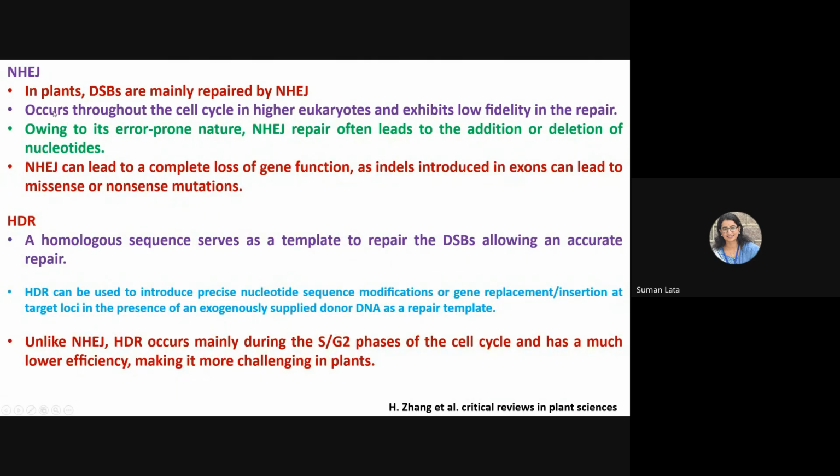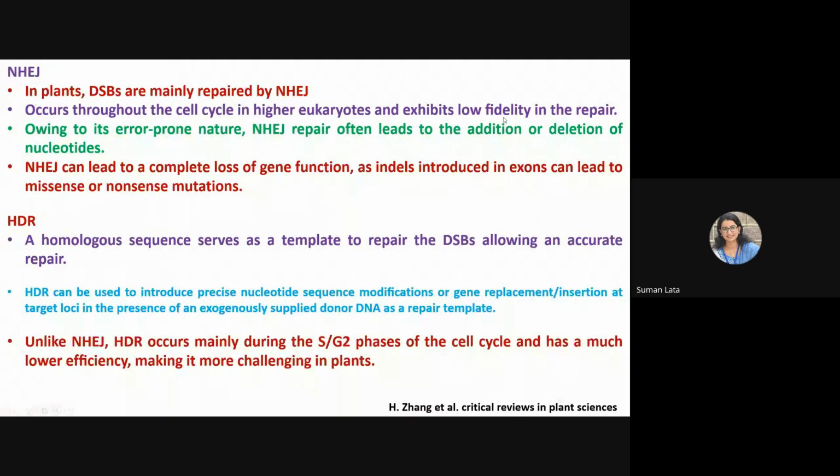Coming to the repair mechanisms, there are two. One is NHEJ. In case of plants, the double-stranded breaks, DSB stands for double-stranded breaks, are mainly repaired using NHEJ. This repair mechanism operates throughout the cell cycle and it exhibits low fidelity in repair. Low fidelity means the accuracy is low.